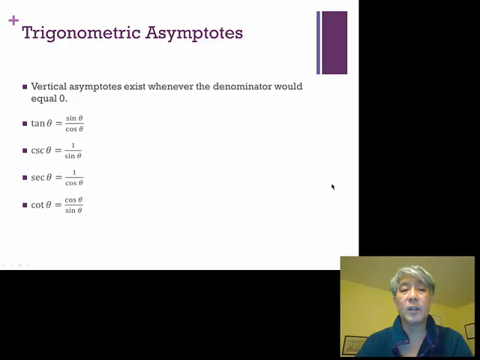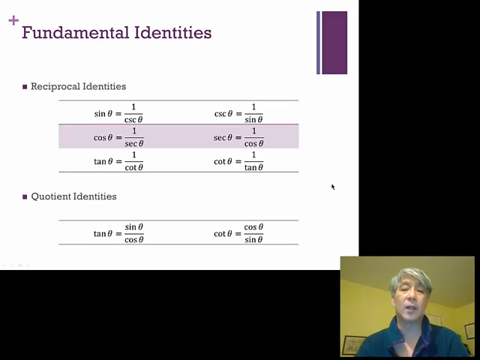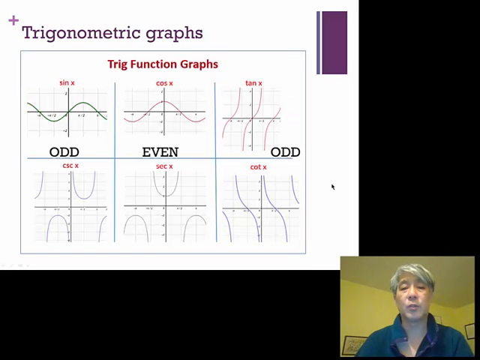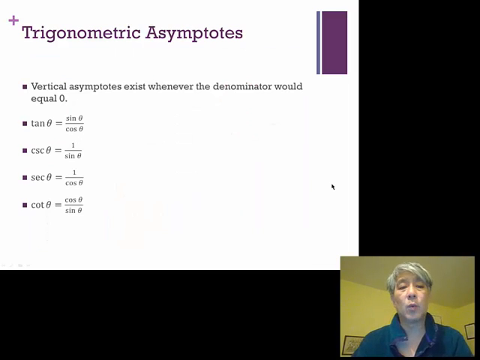For the tangent theta, it's when your cosine of theta equals 0, basically at 90 degrees and at 270 degrees. Okay, cosecant, different points, secant, and cotangent. Okay, so we can go back to the pictures and figure out where they have asymptotes based on when the sine and cosine are going to equal 0.